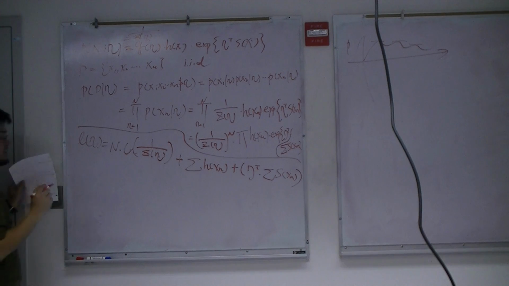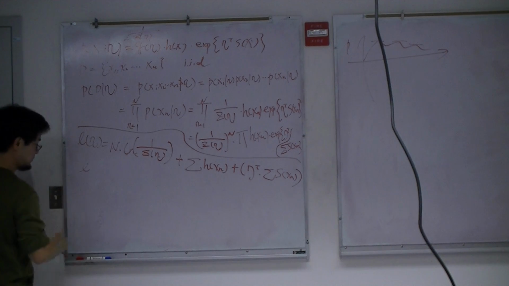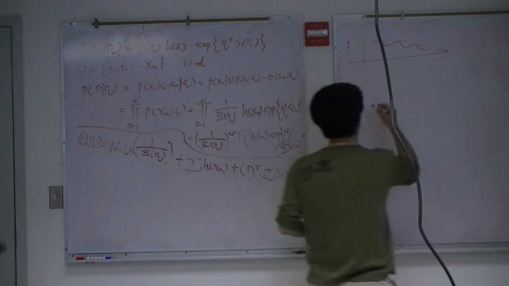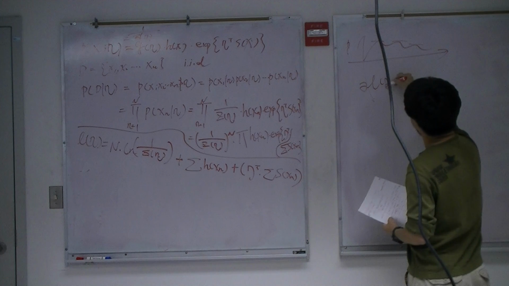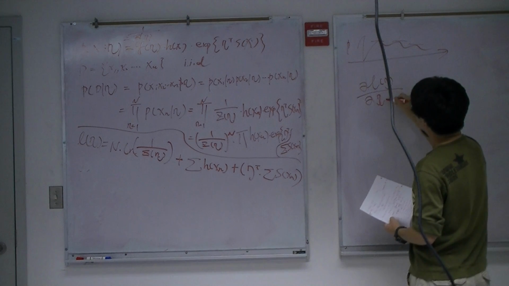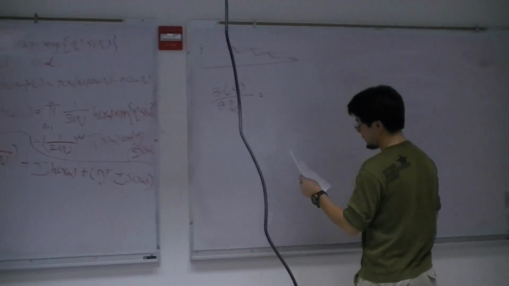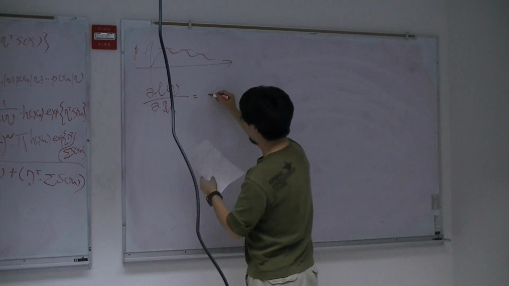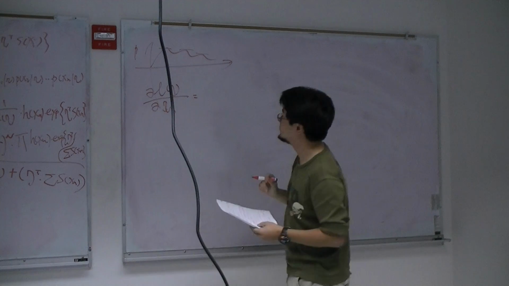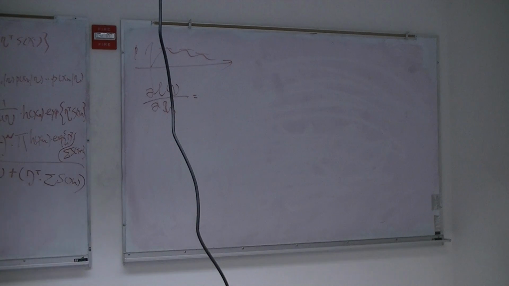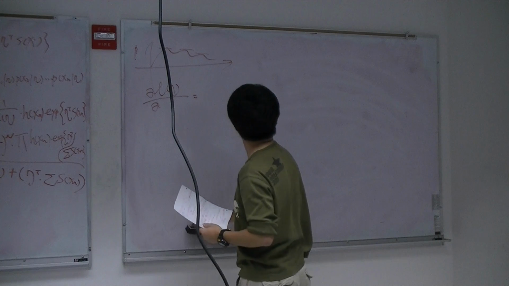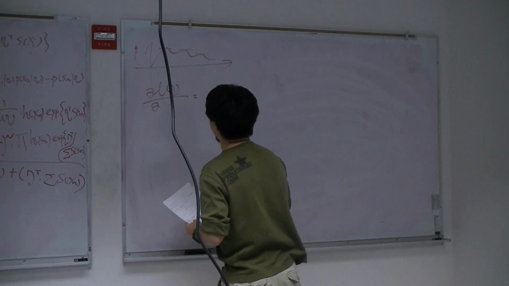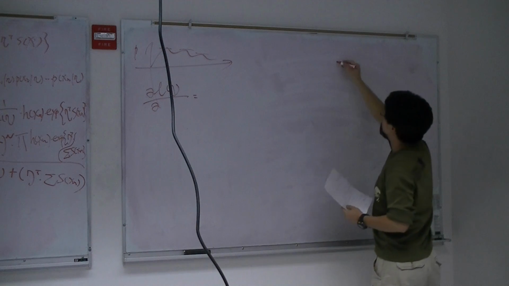So for now we just take the partial derivative with respect to one component, eta j. So we are going to compute this.